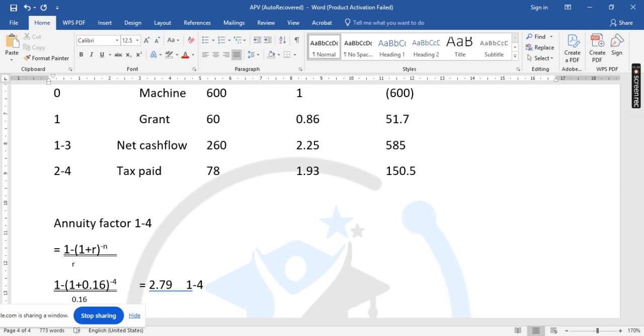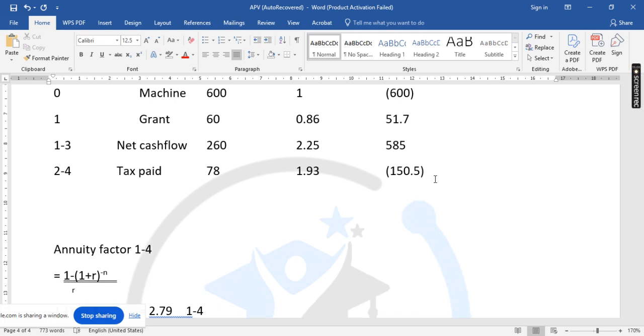We're supposed to use 51.7 in this place. Okay, let's just leave it like this. So this will be the outflow, but you have to be consistent with whichever decimal you are using.